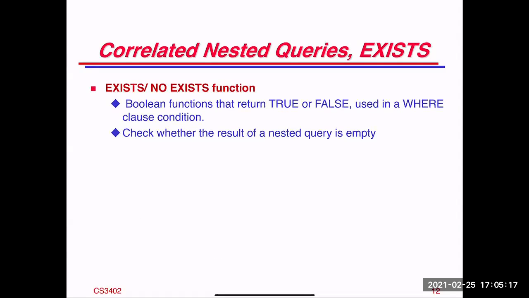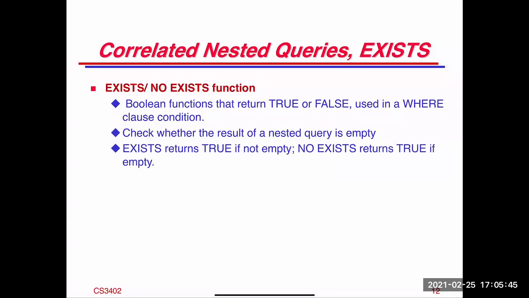And in that context, we often use the exists and not exists functions. These are Boolean functions that return either true or false, and you can use them as part of the where clause. What they do is check whether the result of a nested query is empty, meaning the query didn't find any tuples that match the conditions that I specified.